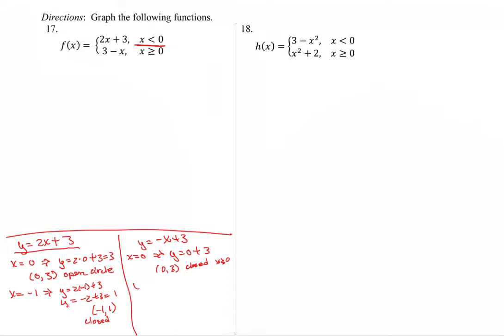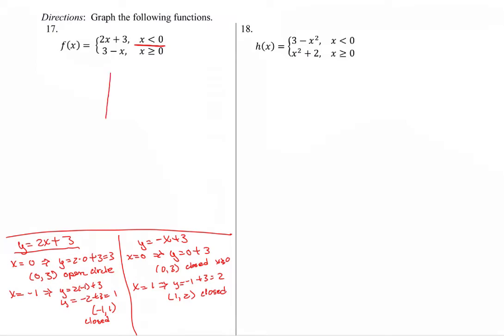And then we're going to use x equals, say, 1 because 1 is greater than 0. So then we're going to have y equals -1 plus 3, so that's 2. So we have the point (1, 2). So now let's go up here, and again that's closed because that is greater than 0.